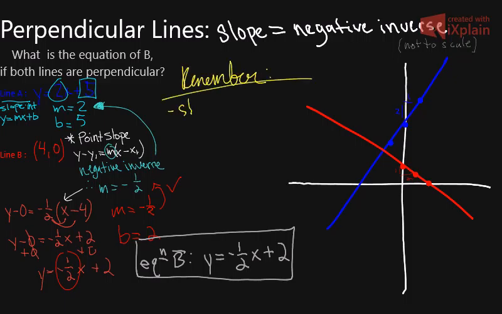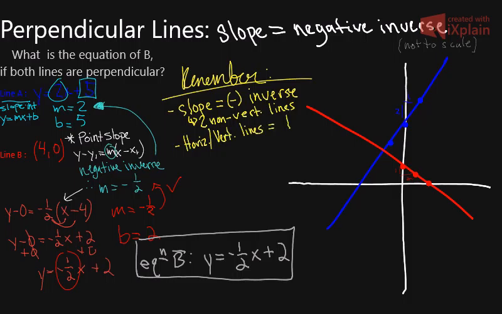Things to remember about perpendicular lines are that the slope is the negative inverse of the other line, and this is for two non-vertical lines. Usually if you have a horizontal and vertical line pair, it's going to be perpendicular.